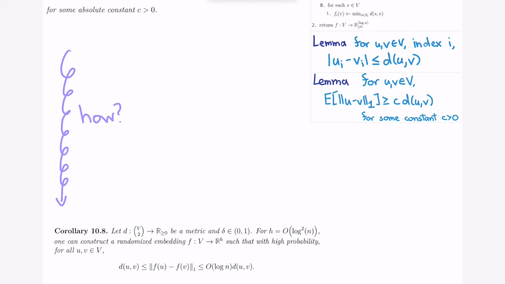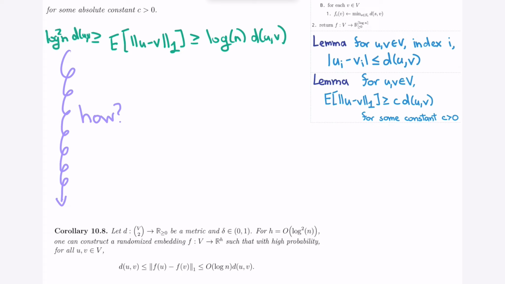If I just did that directly, you would get something like the expected value is greater than or equal to log n duv, and this thing is at most log square n duv.